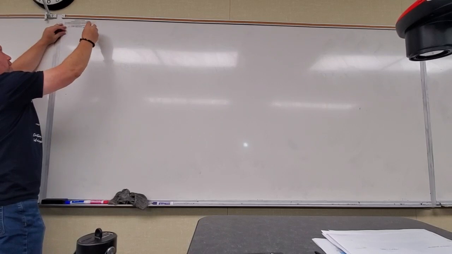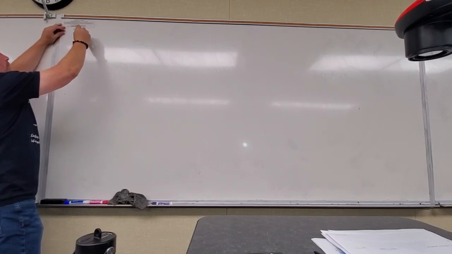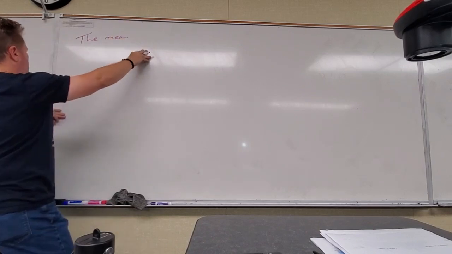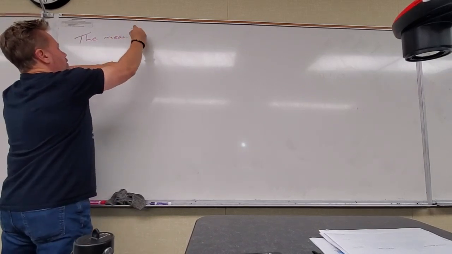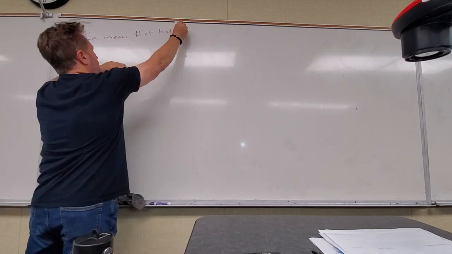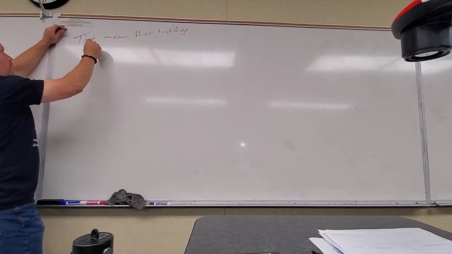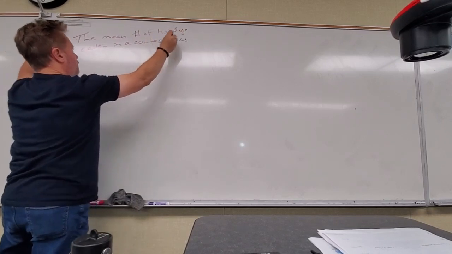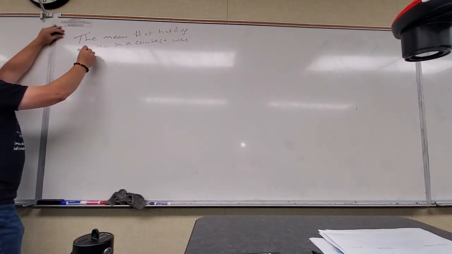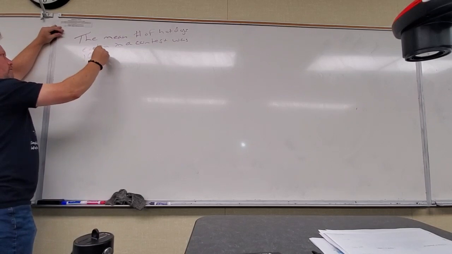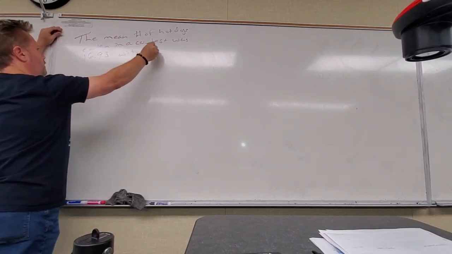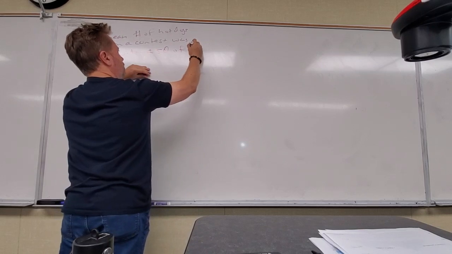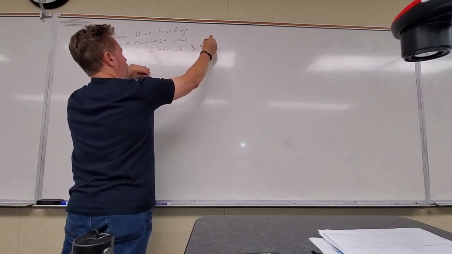So let's do an example like this. The mean number of hot dogs eaten in the contest was 16.93 with a standard deviation of 3.917.